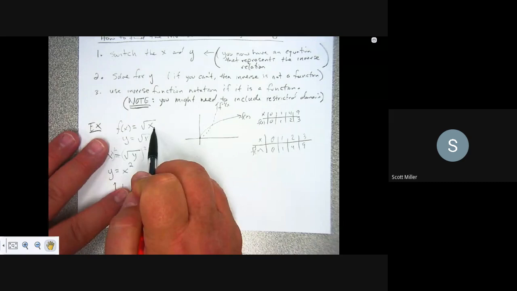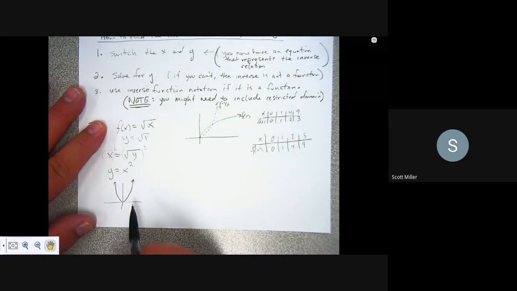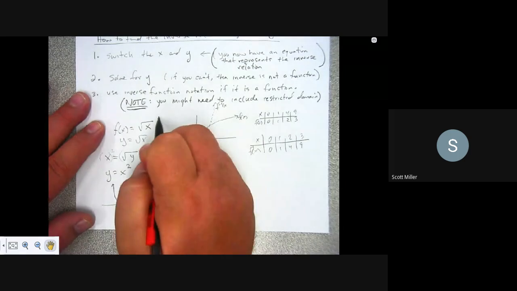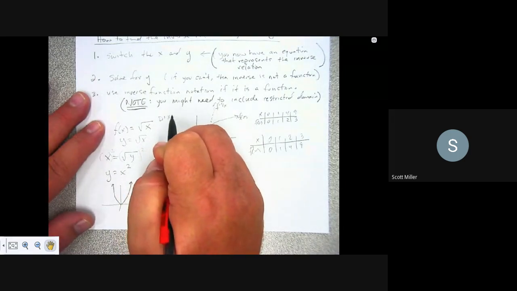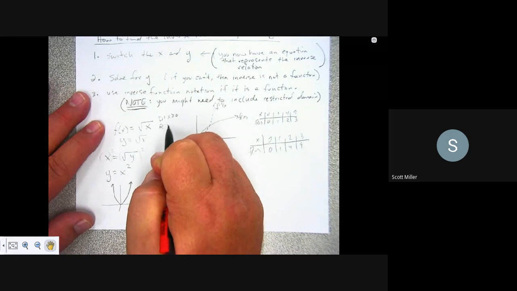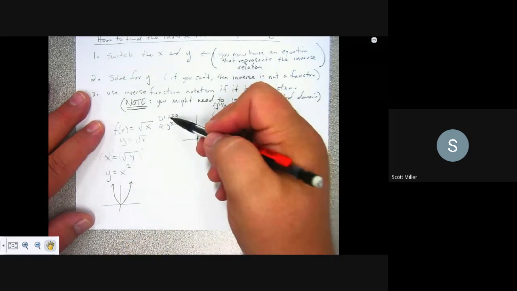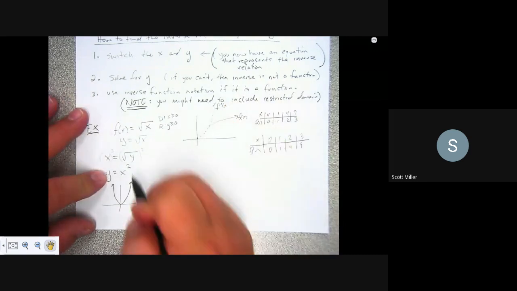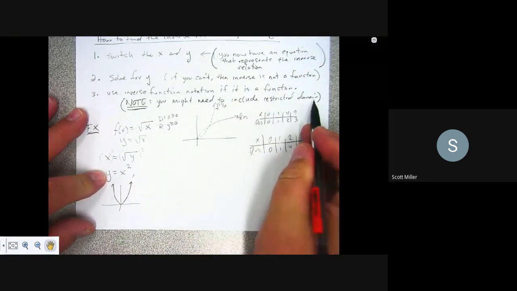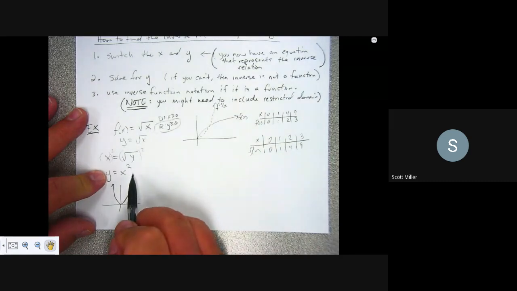The domain of this becomes the range down here, and the range up here becomes the domain down here. So this domain is all the x's greater than or equal to 0, and the range is all the y's greater than or equal to 0. When I flip those around down here, I have to include the restricted domain. This range becomes my domain down here.